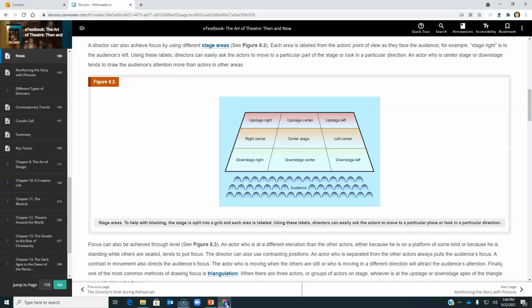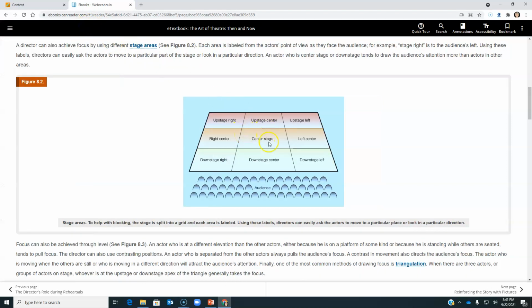Let me shift over to the chapter where it shows the stage areas. If I'm standing there as the director, I'm standing where the audience would be standing, looking up at the actors on the stage.